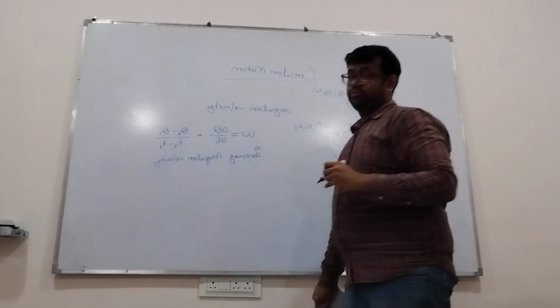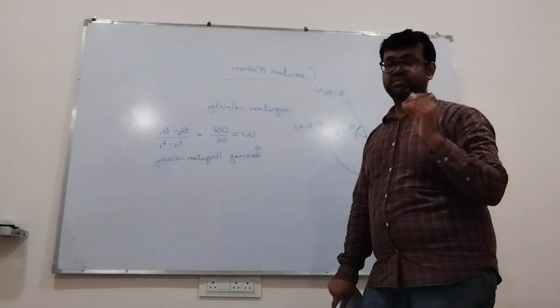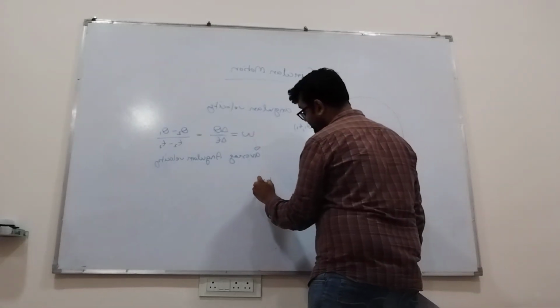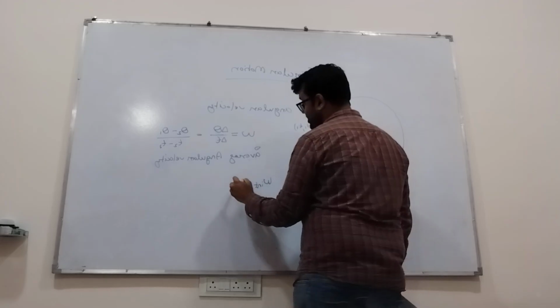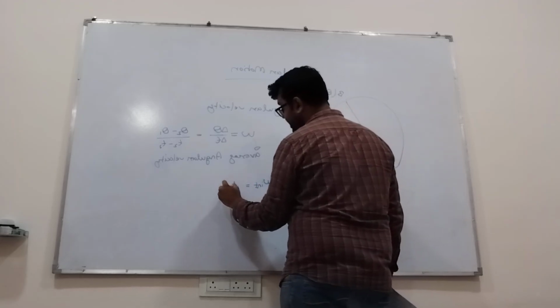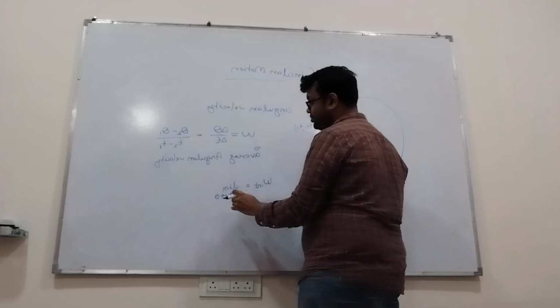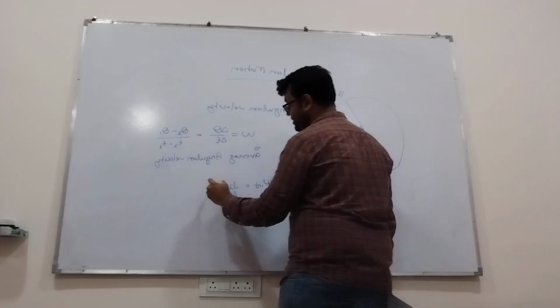Now suppose we want to calculate the instantaneous value of omega. So what can we do? We can take the limit where delta t tends to 0.